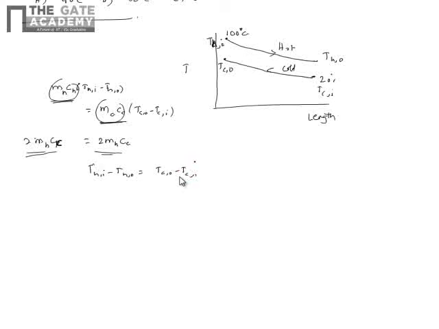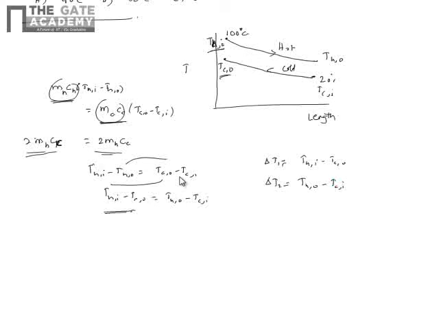And so here THI minus TCO is delta T1. If I bring this side and that side, we get THO minus TCI. And what is delta T2? Delta T2 is THO minus TCI.